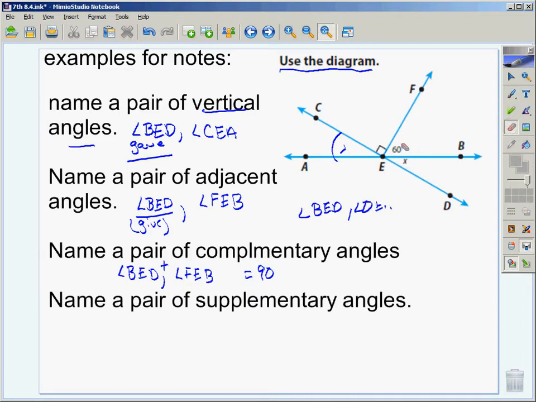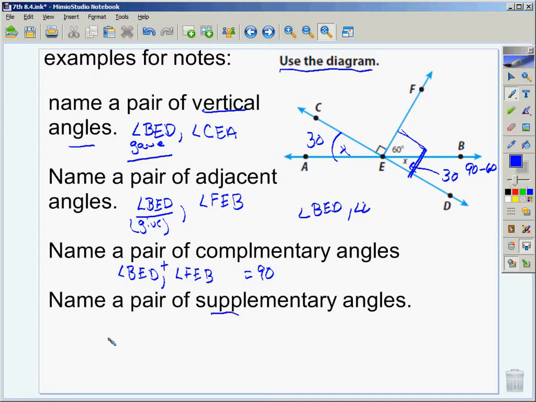Okay, think about it. If these two add up to 90, how big is this x going to be? It's going to be 30. I'd find it by taking 90 minus 60. If this one's 30, over on this side would have also been what? 30. Okay? We can find the bottom. We're going to find that after we find this.